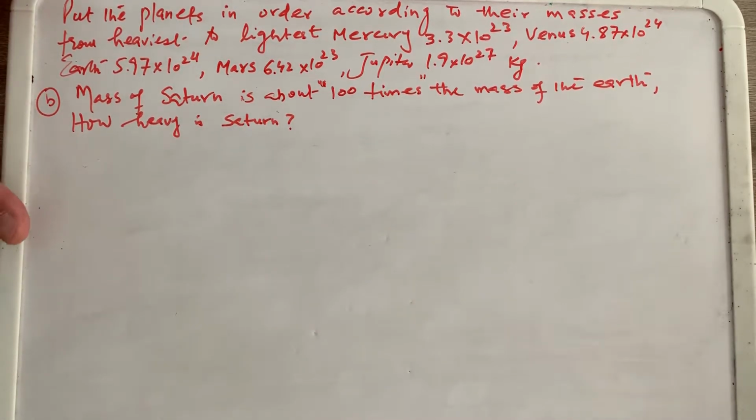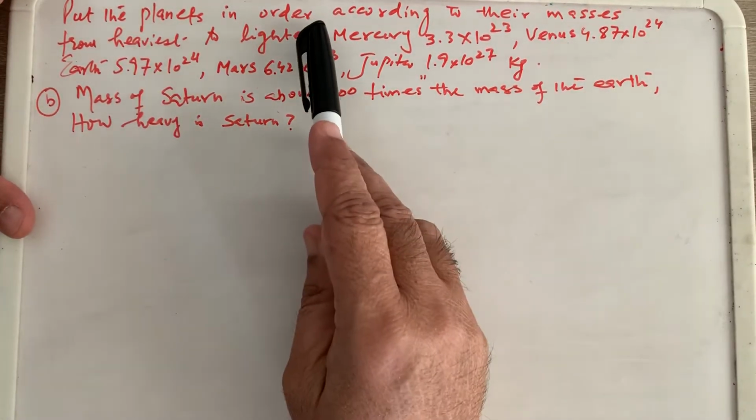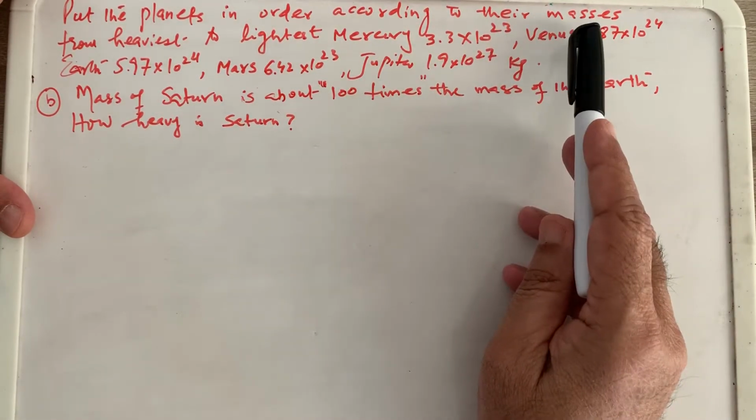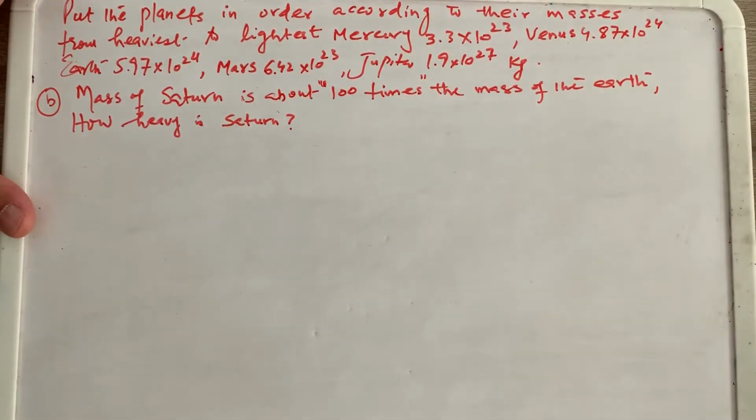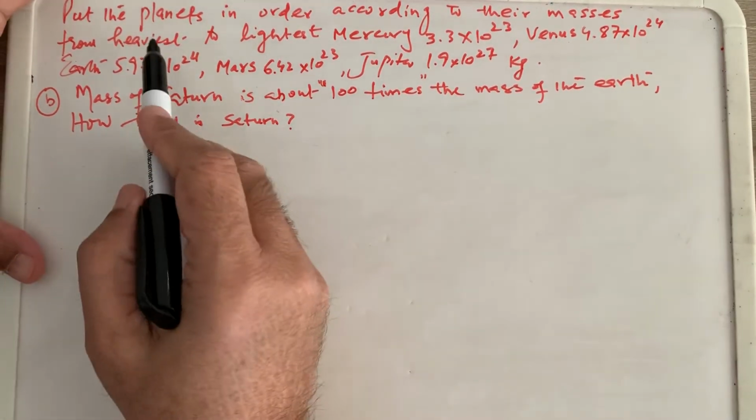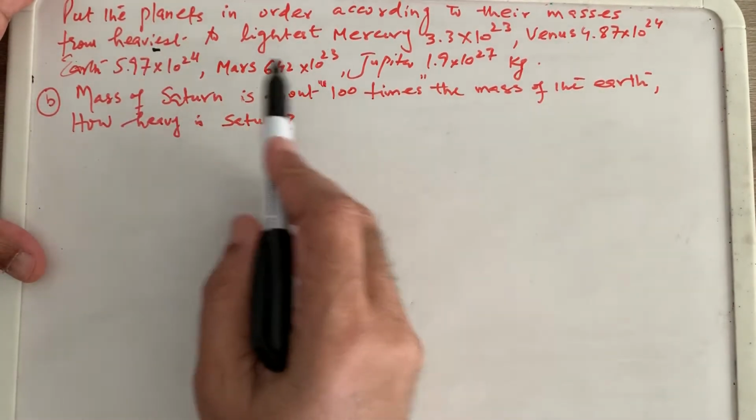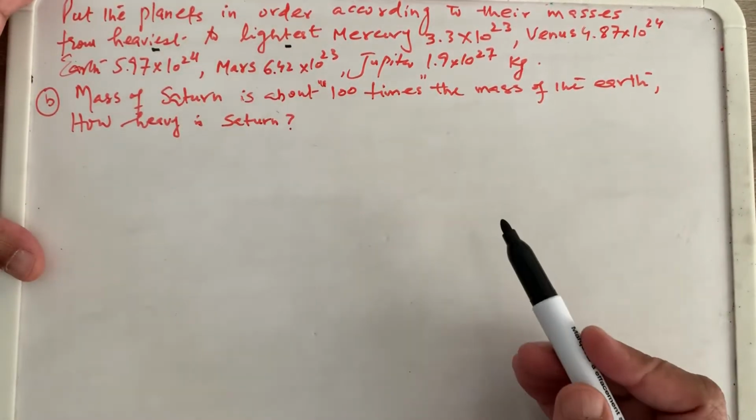So here is the question: put the planets in order according to their masses. The masses are given in kilograms, from heaviest to lightest. So I have to write down which one is heaviest and which one is lightest.